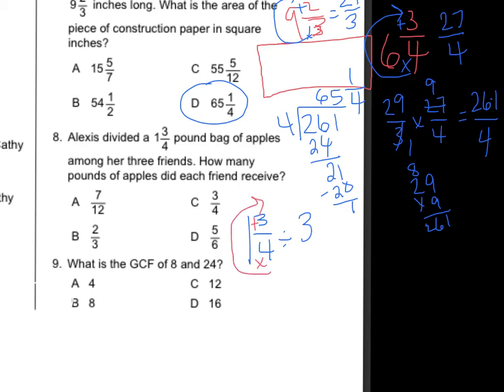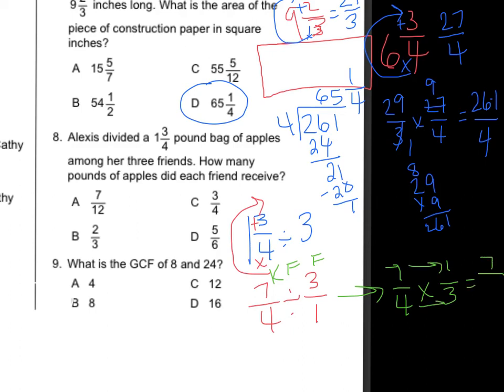By now, this should be easy to you. 4 times 1 is 4, plus 3 is 7 fourths, divided by 3 over 1. Remember, just put a 1 in the denominator to make a fraction out of a whole number. Now let's do keep, flip, flip. Okay, 7 times 1 is 7. 4 times 3 is 12, so we have 7 twelfths.